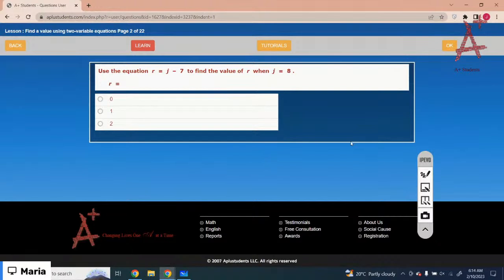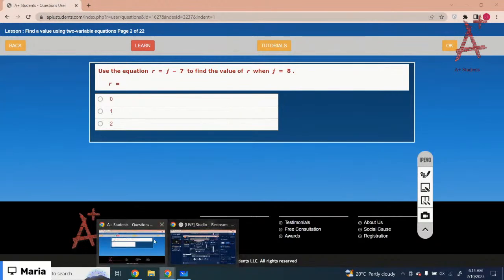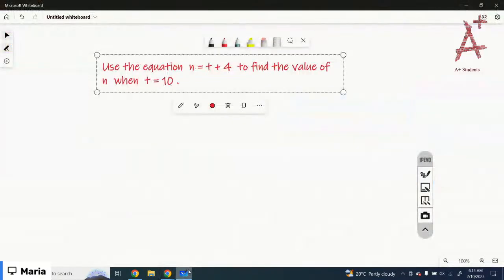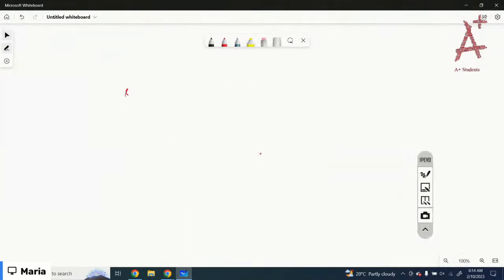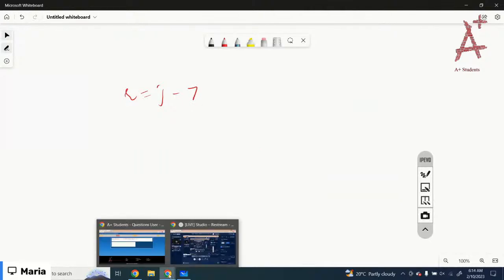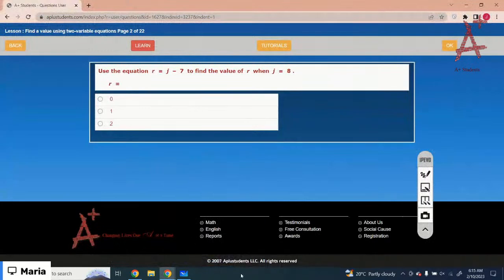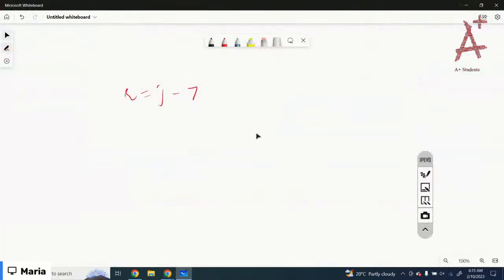Okay, the next one is use the equation r equals j minus 7 to find the value of r when j equals 8. So the equation is r equals j minus 7, and when j equals 8, you have to calculate the value of r.